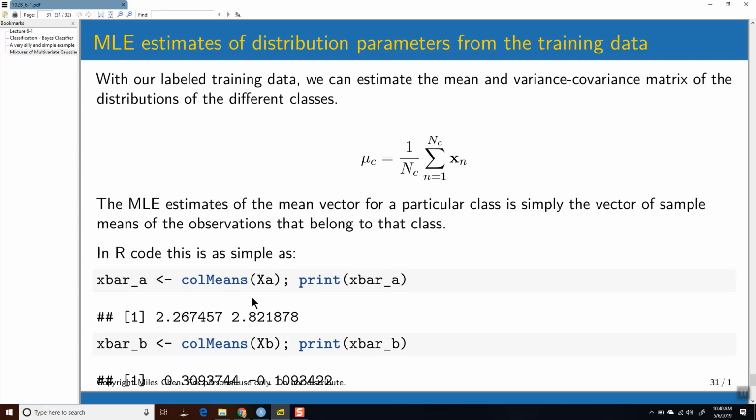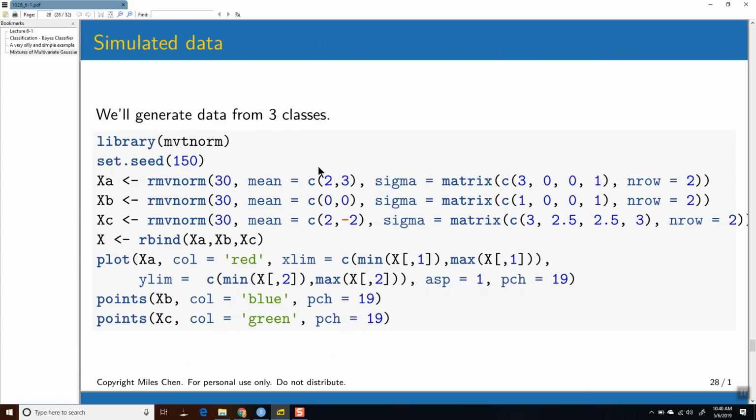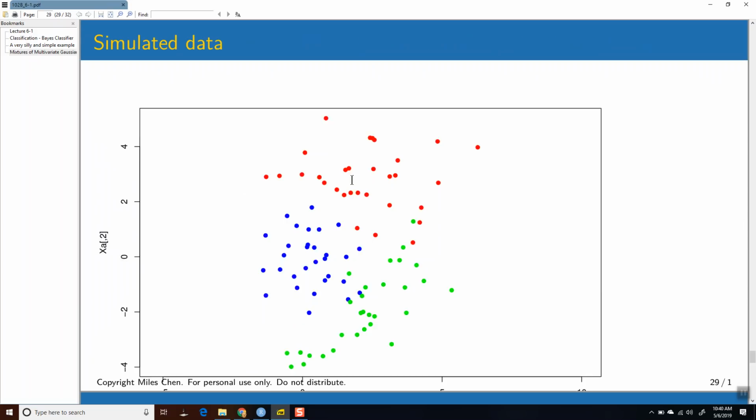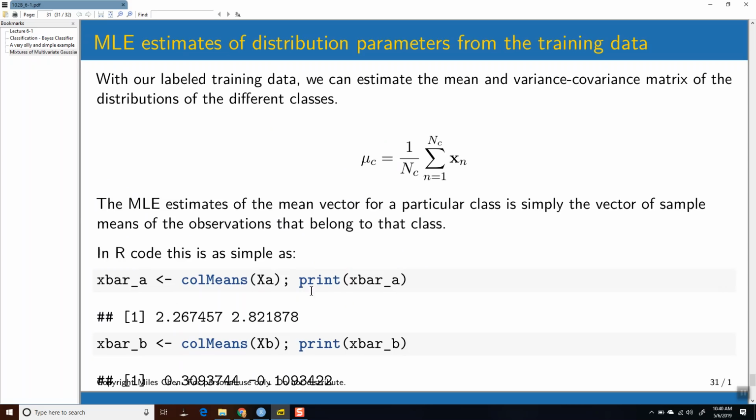The column means of XA are 2.26 and 2.82. We know that the true means in the population used to generate are 2 and 3, but we're going to use these column means as our MLE estimates.